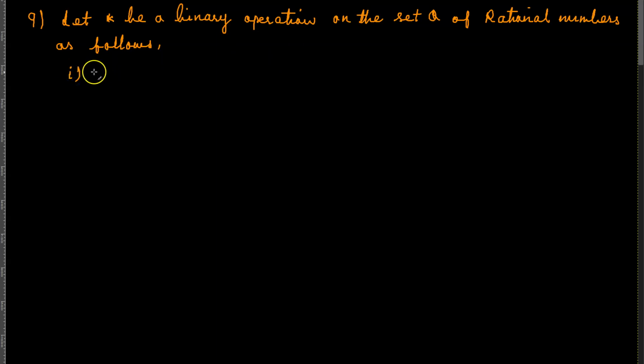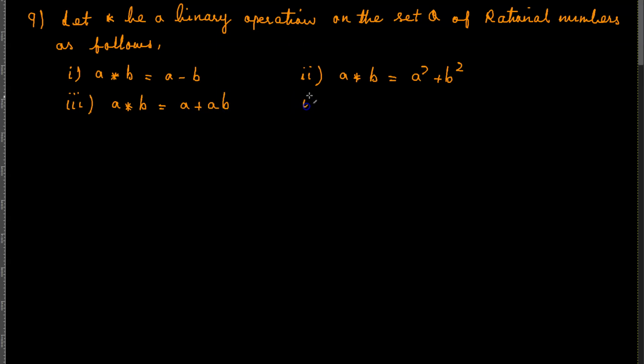Part 1 of this question is A star B is equal to A minus B. Part 2 of this question is A star B is equal to A squared plus B squared. Part 3 of this question is A star B is equal to A plus A times B. Part 4 of this question is A star B is equal to A minus B whole squared.